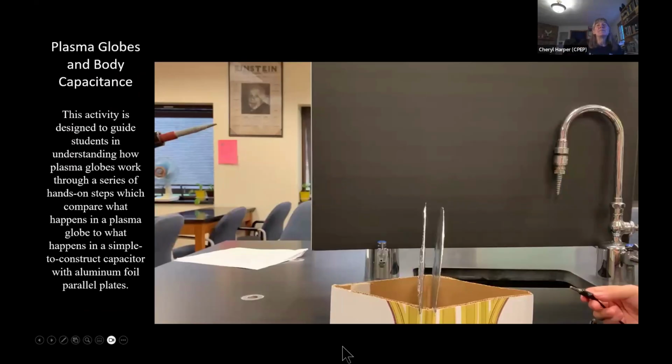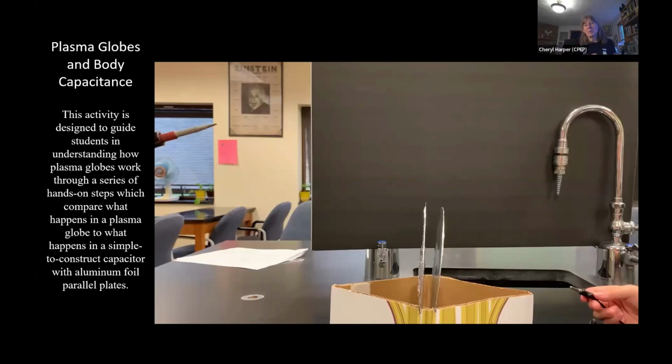Okay. We also have an activity that's plasma globes and body capacitance. The reason that we are pulling in capacitance into this is because the plasma globe acts somewhat like a capacitor.